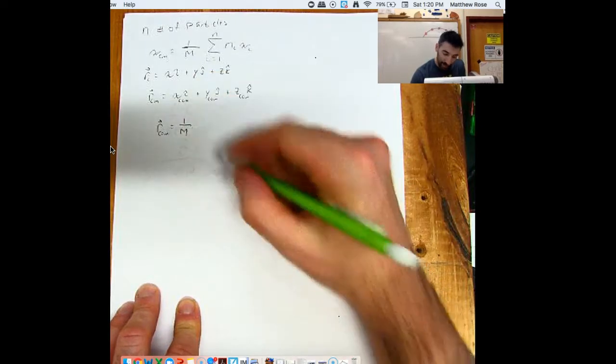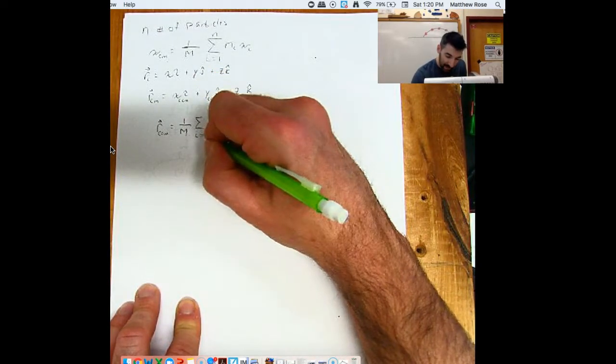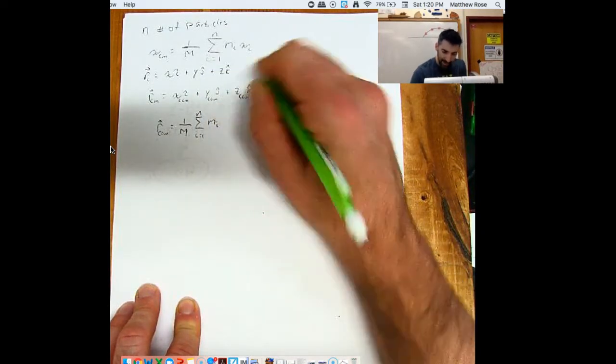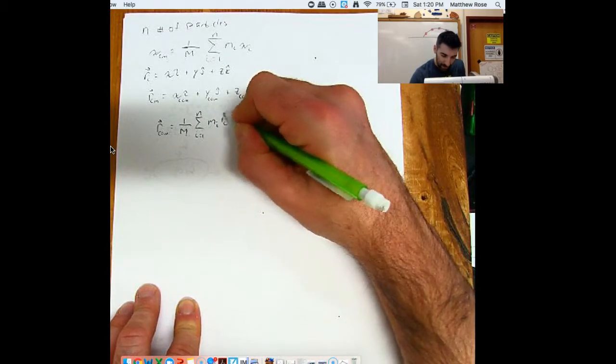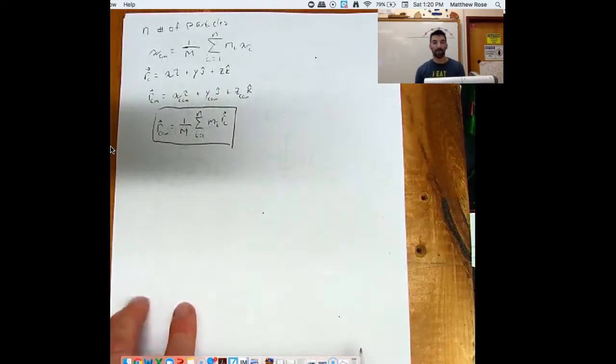We're still taking the sum of all of my parts, i equals 1 to n, now of m_i, but instead of x or y or z, I would be in the general form for vector. So this is my most general form.